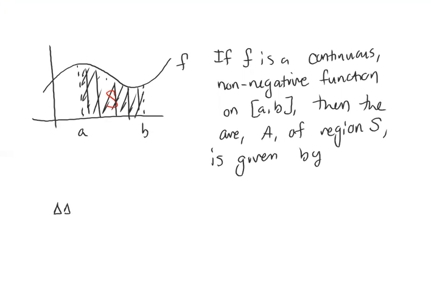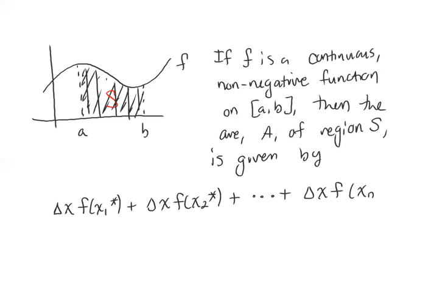So delta x times f of x1 star plus delta x times f of x2 star plus, this pattern continues on till delta x times f of x n star for n rectangles.